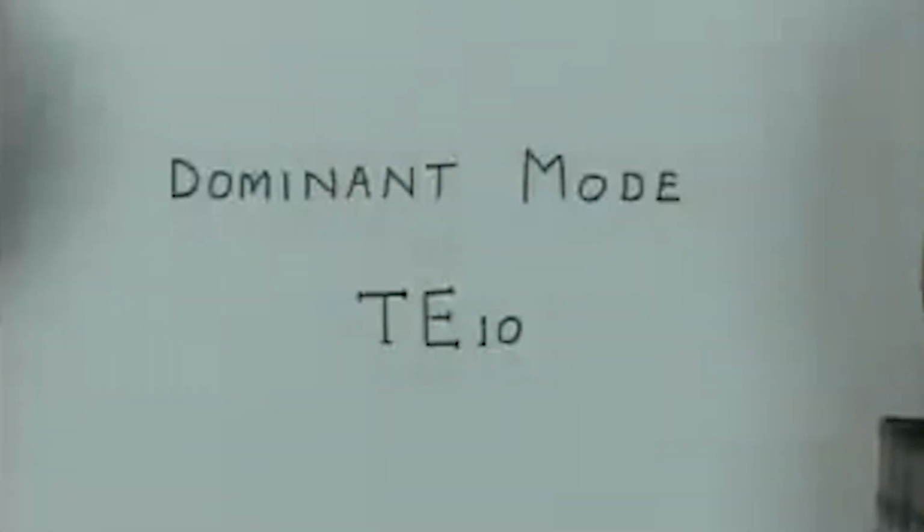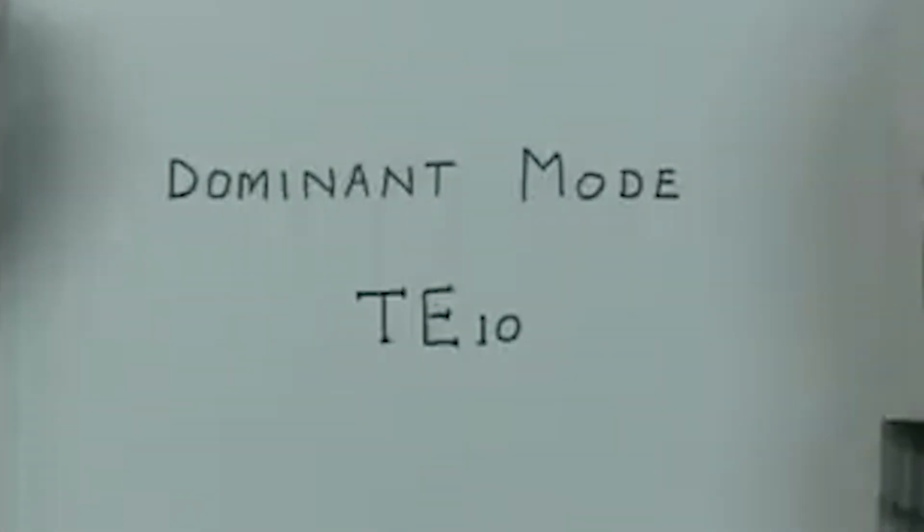In the previous lecture we tried to visualize the electric and magnetic fields inside a parallel plane waveguide. We also investigated the modal characteristics of a rectangular waveguide, and we found that the mode which first propagates on a rectangular waveguide is a transverse electric mode with index 10, and we called that mode the dominant mode of the rectangular waveguide.